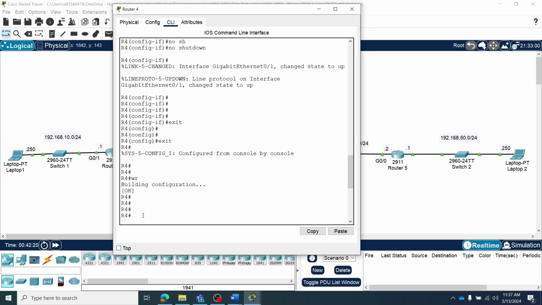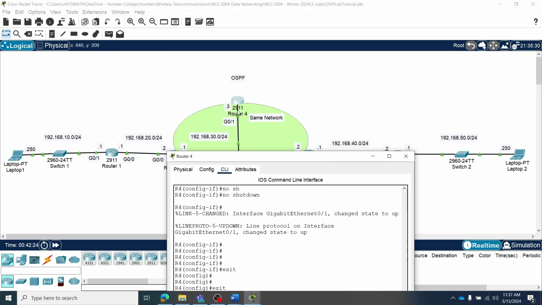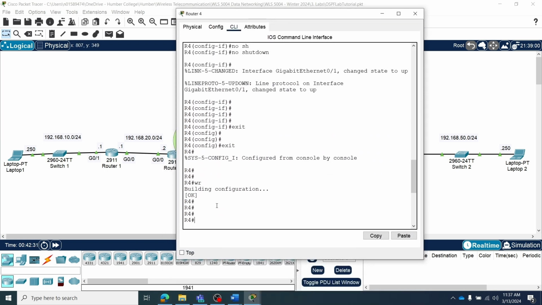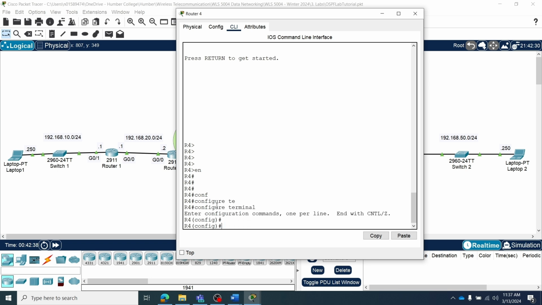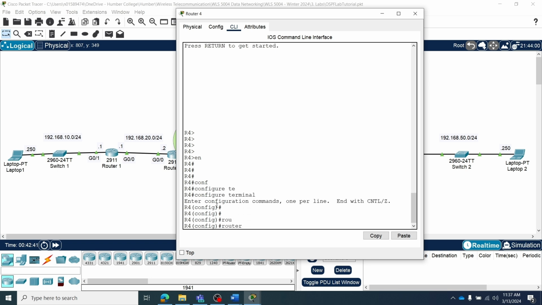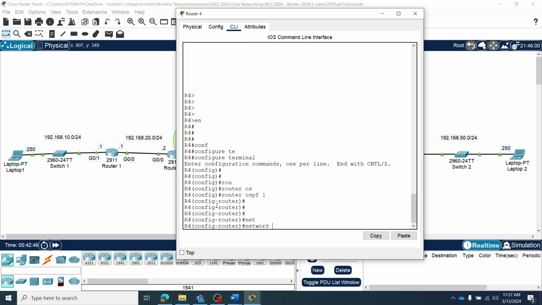On this router, we have only one interface connected, gigabit 0/1, and the network is 192.168.30. So now config terminal, router OSPF process number 1, then network 192.168.30.0.